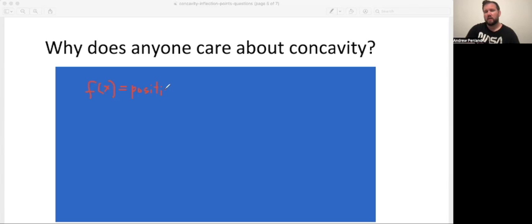So in looking at a curve, you can tell what's happening with the acceleration of that object by looking at the concavity of the curve.